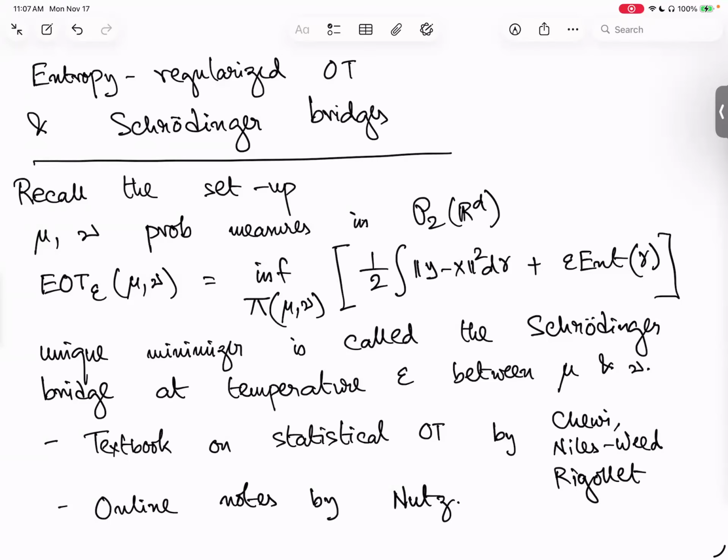Even this simple question of whether the bridge varies continuously with epsilon is not very well understood. We actually don't understand how much it varies with epsilon. So that's an excellent question. So you have a research problem here. Good. Any other questions?